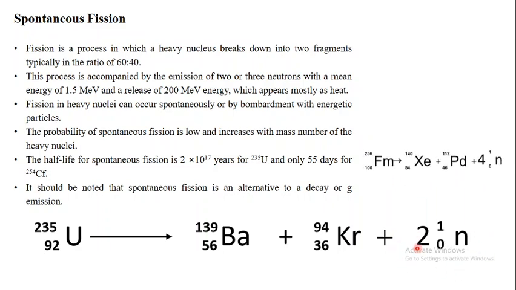Another example of this is Fm-256. This nuclide also has many nucleons in its nucleus, so it also undergoes spontaneous fission with the emission of 4 neutrons.